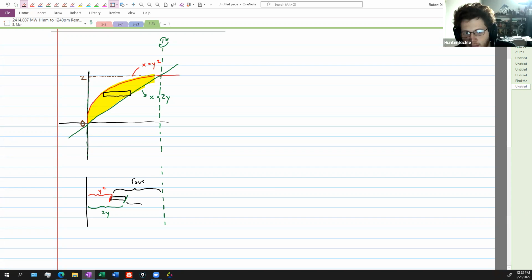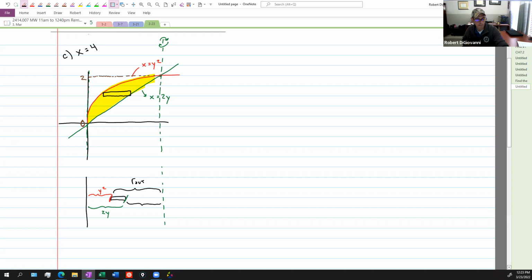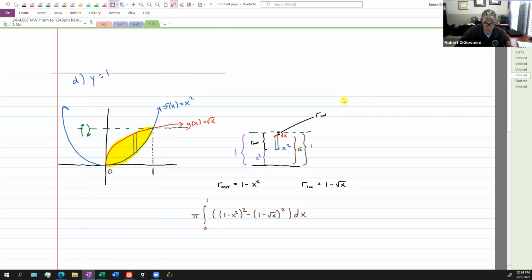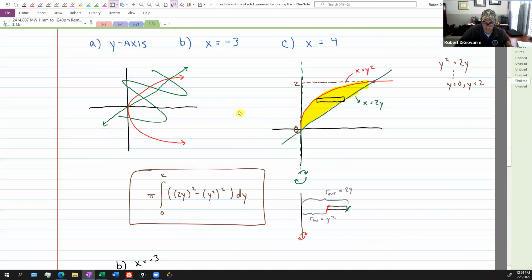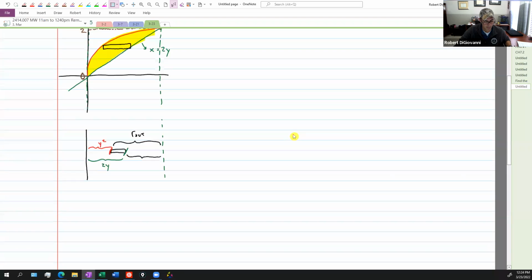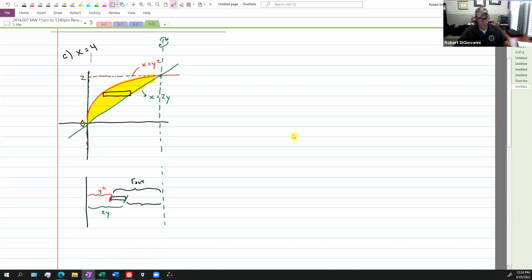What was the axis on this one? It was 4, I believe. Yeah, x is 4. Sorry, I didn't put it here. Part C, x is 4. So this is 4 right here.